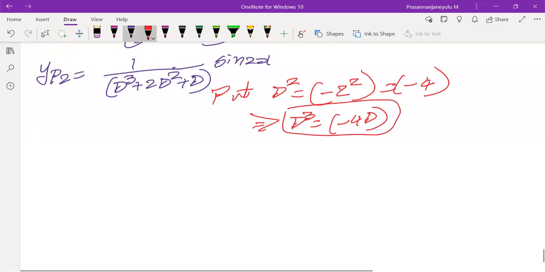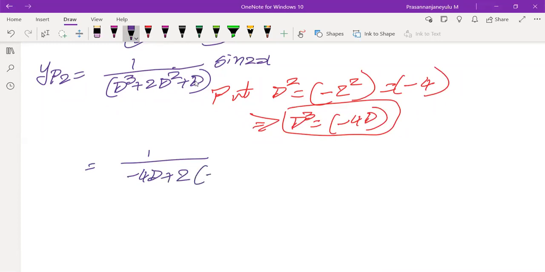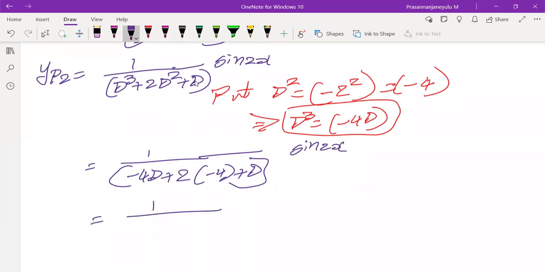Now substituting these in our problem, 1 by, what is the d cube value? Minus 4d plus 2 into the d square value, minus 4, plus d, of sine 2x. Now what is the denominator going to become?